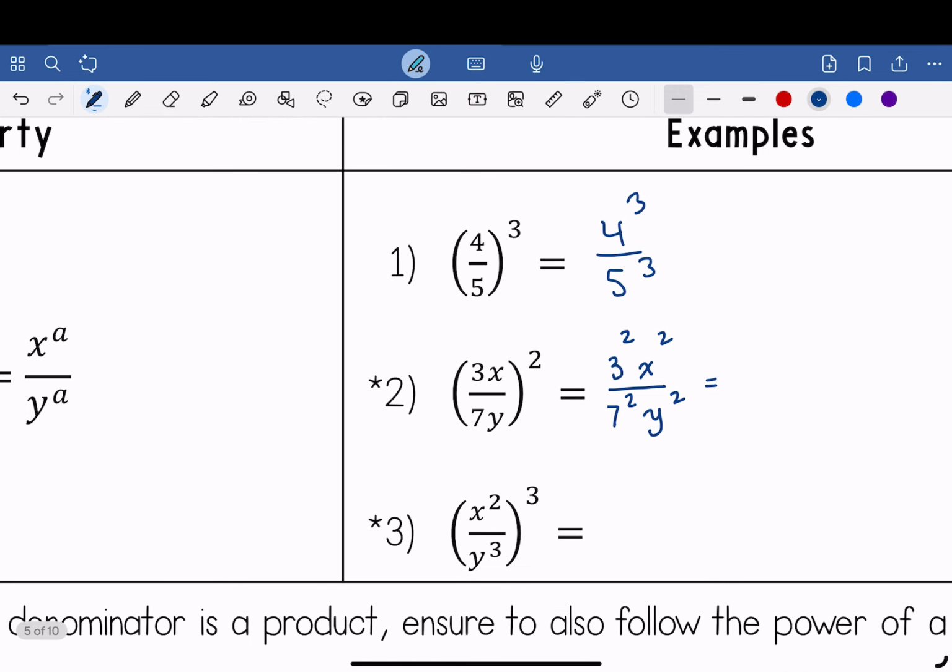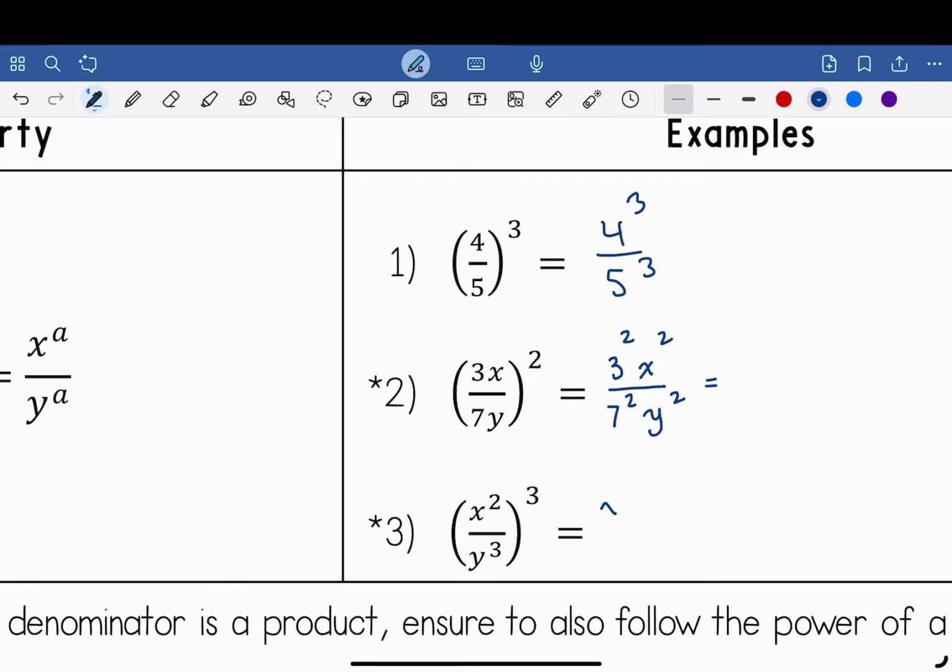Let's look at example 3. Here we have a power to a power. So this power will get distributed to the numerator and to the denominator. However, there's a power in here, which means you have to apply the power of a power rule.